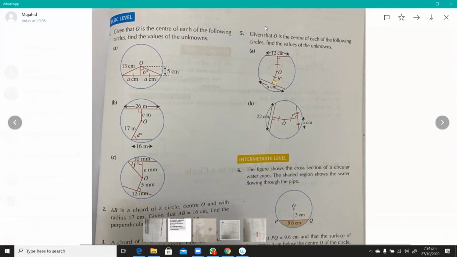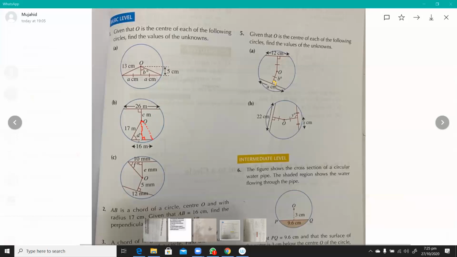Now look at this B part. I would first of all like to draw a perpendicular over here. When I draw this perpendicular, what will happen to this length? Suppose I draw this line over here, so all of this is 16.